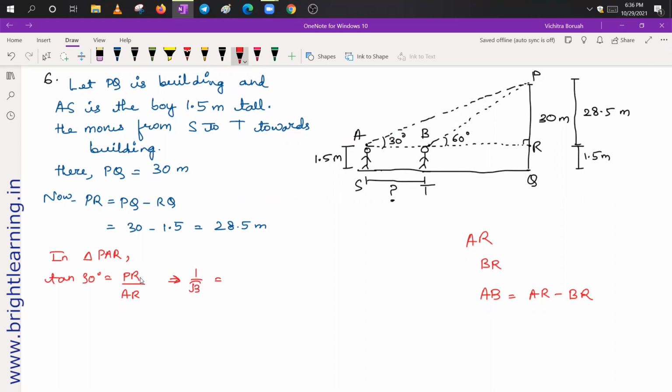And it is equal to, now PR is 28.5. And you have to find length of AR. So from here you will get length of AR, which is 28.5 root 3 meters. Okay. Next you will find the length of BR.